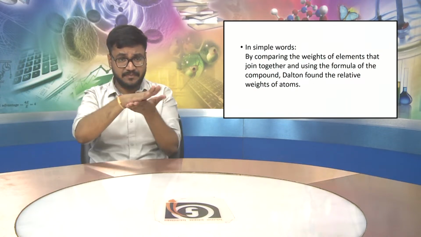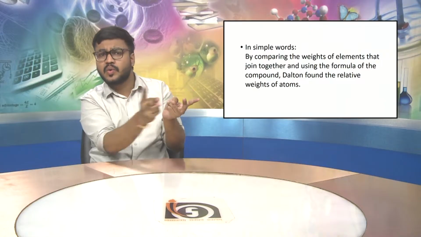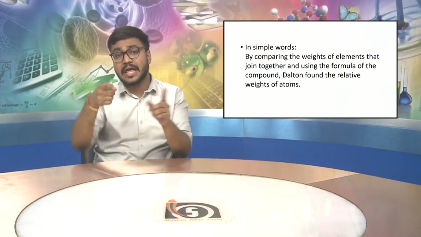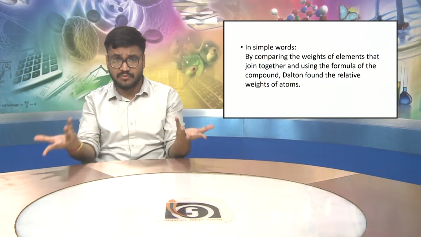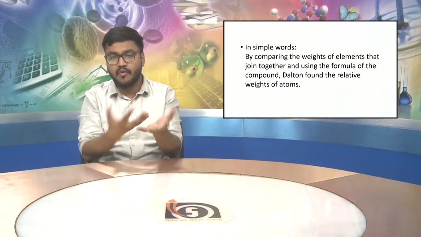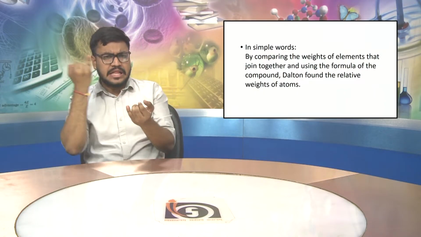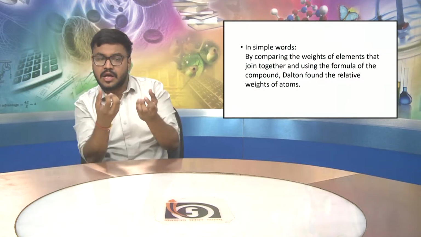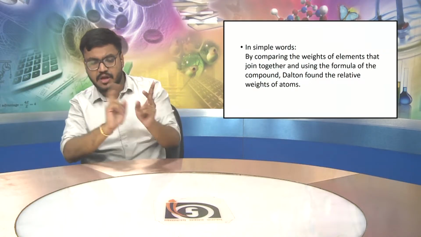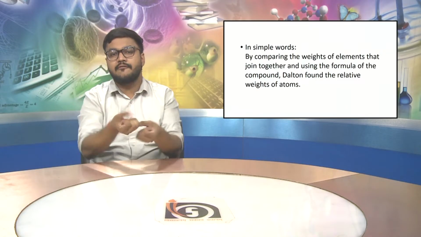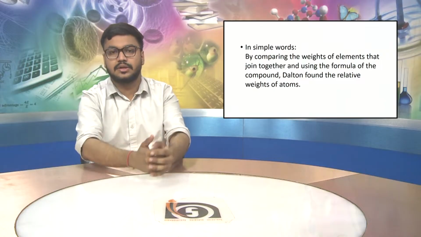In simple words, by comparing the weight of elements that join together and using the formula of the compound, Dalton found the relative weight of atoms.